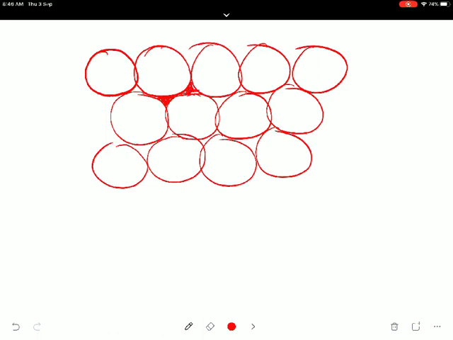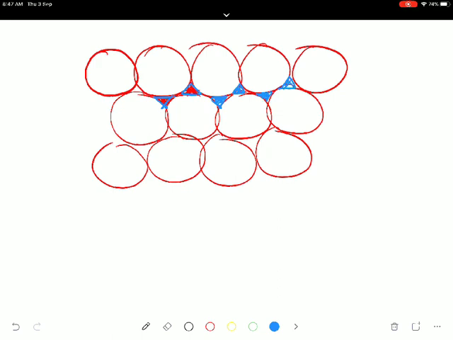The second void, what I am showing, is another triangular void. See, this is a triangular void. This is another triangular void, pointing downwards, and this is a triangular void pointing upwards. So now I am going to place the spheres of the second layer on this triangular void.